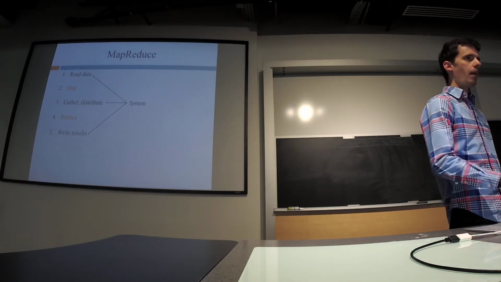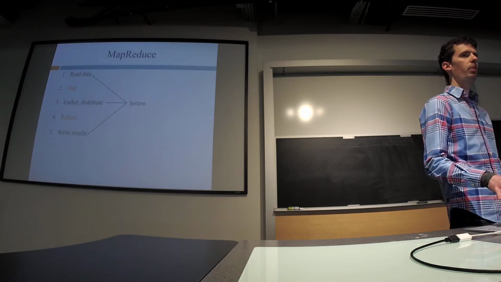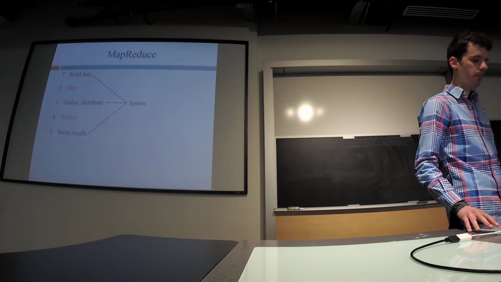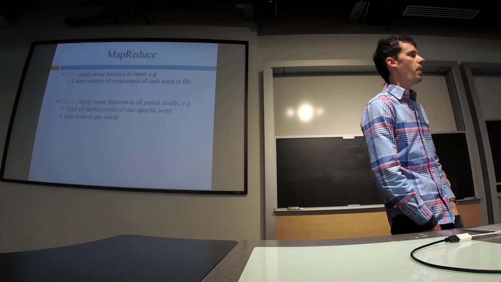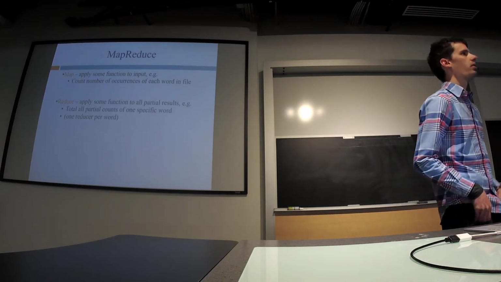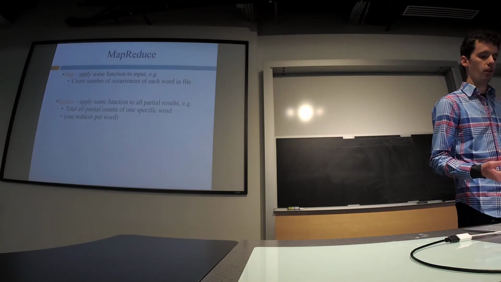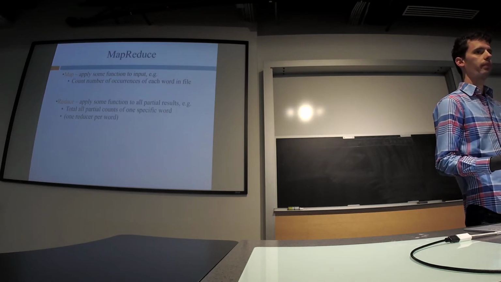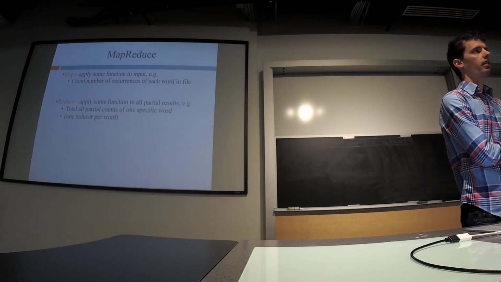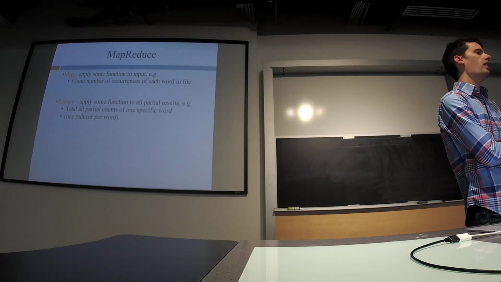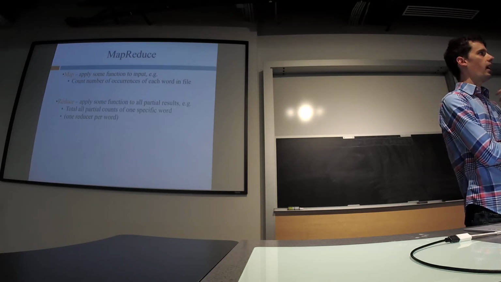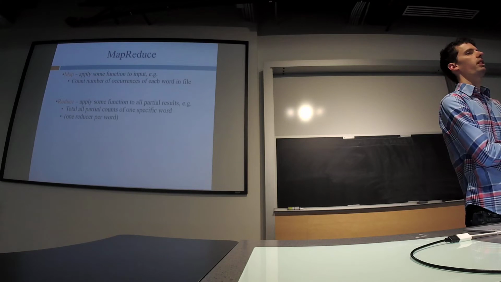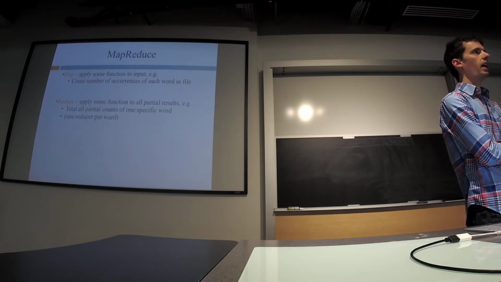So what is map and reduce? What does that name mean? What do these functions mean? Basically, the map part is the first big filter. You apply some function to your part of the input. The simplest way to think of this is, say you have 1 million files, then the easiest way to distribute that is make one file be one job.